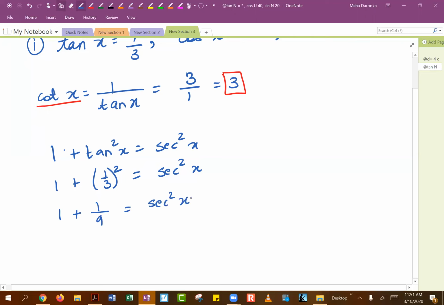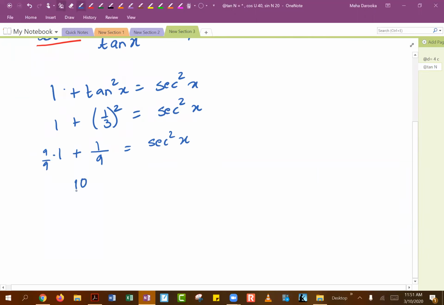And then basically, this guy is going to convert into 9 over 9. So 9 plus 1 will give you 10/9. This is still secant squared, right? So how do we find just the secant? Yeah, very good. Take a square root on both sides. So that would be plus or minus square root of 10 over 9 to get our secant of x.